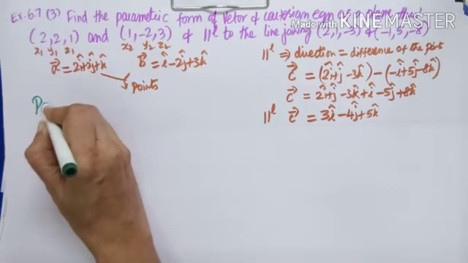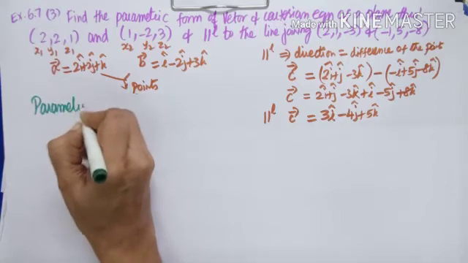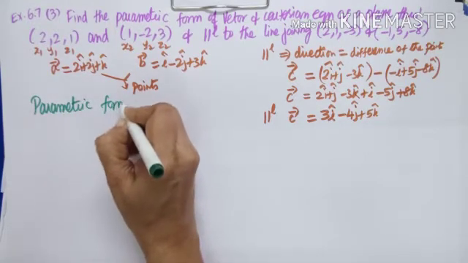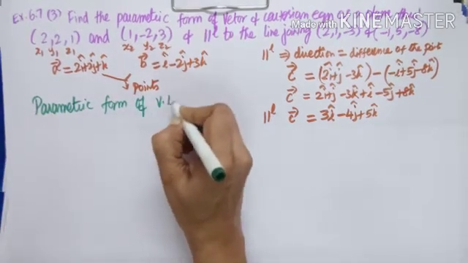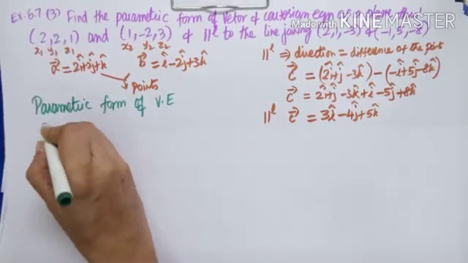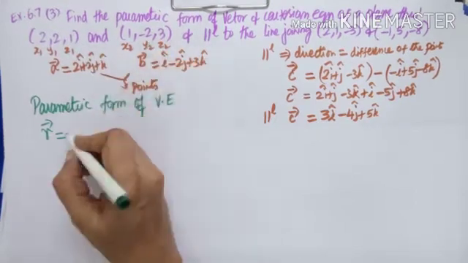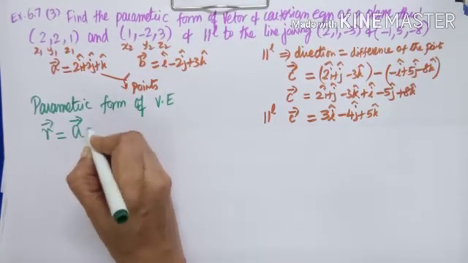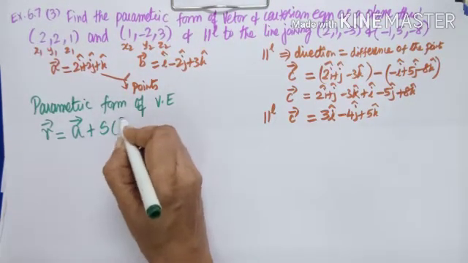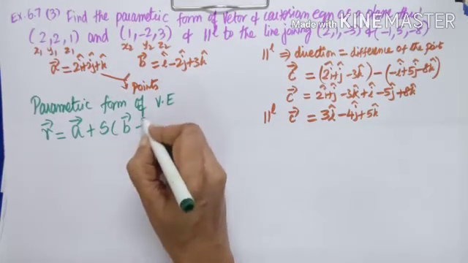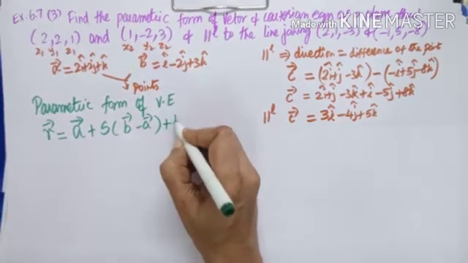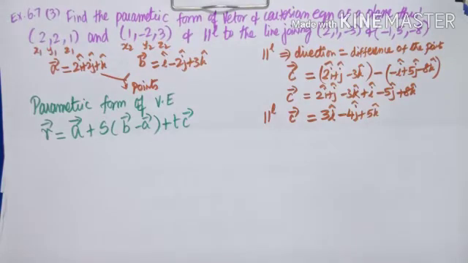Writing parametric form of vector equation. What is parametric form of vector equation? R vector equals to, how many points are given? 2. So first A vector plus s into B minus A plus t into C vector.